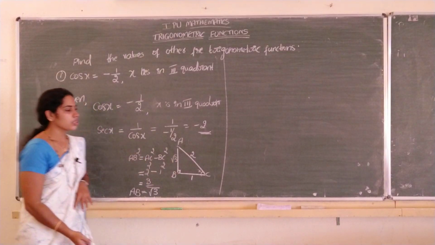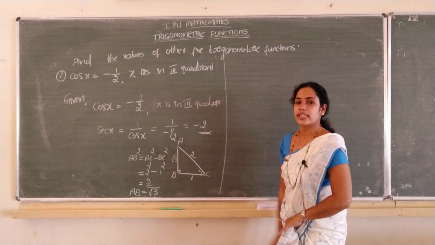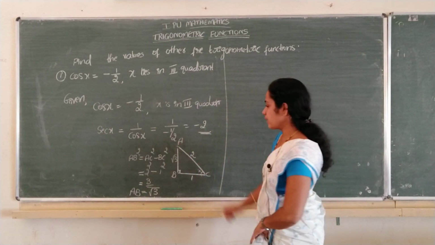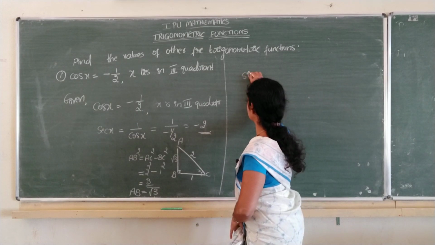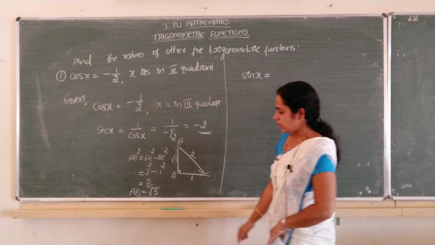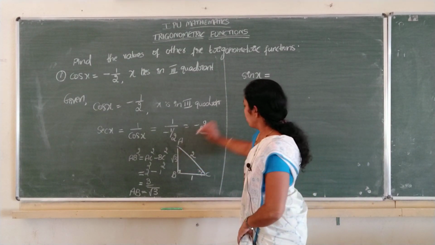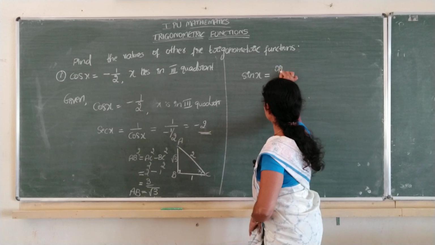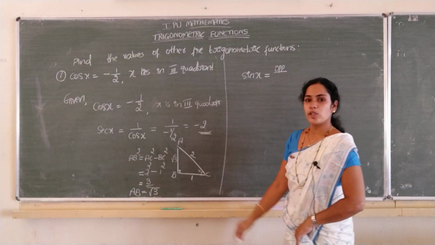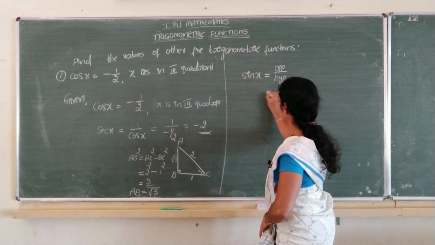Now, we can define other trigonometric functions using this triangle, correct? How can we write sin x now? What is sin x? Sin x is equal to opposite by hypotenuse.